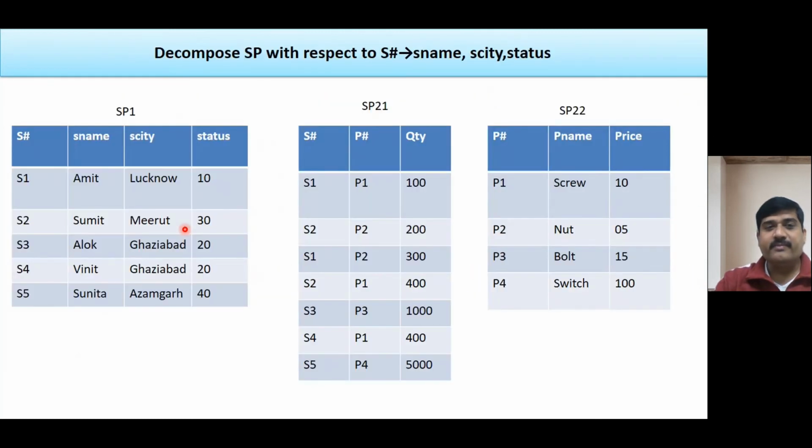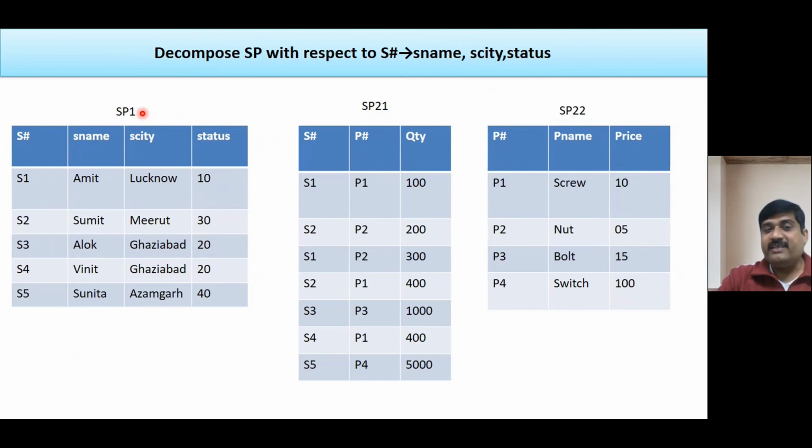See here, S city and status. These attributes are in SP1, and suppose in Ghaziabad there are two suppliers. So there is repetition of this information. The status of Ghaziabad is at 2 places. If in a city there are 20 suppliers, then this information is repeated 20 times. Why do these repetitions occur in this table?